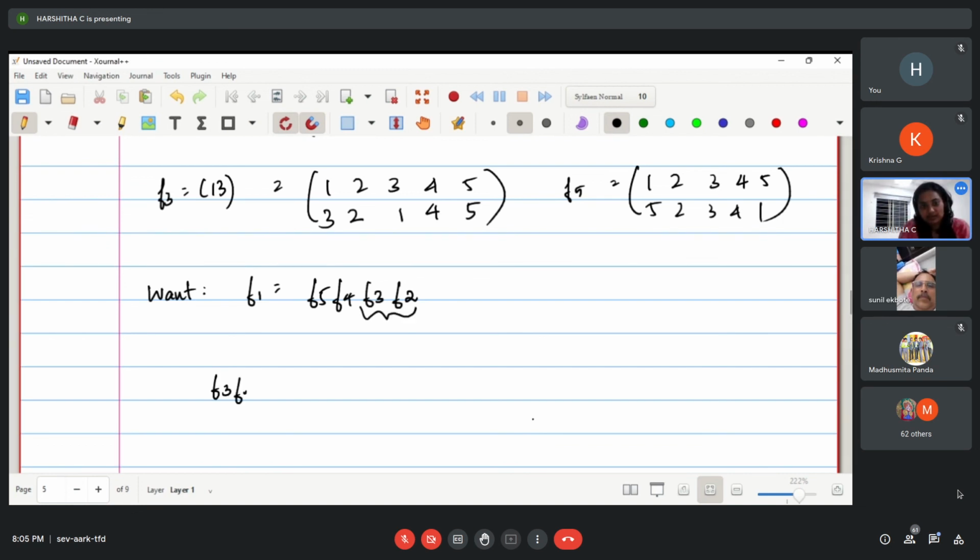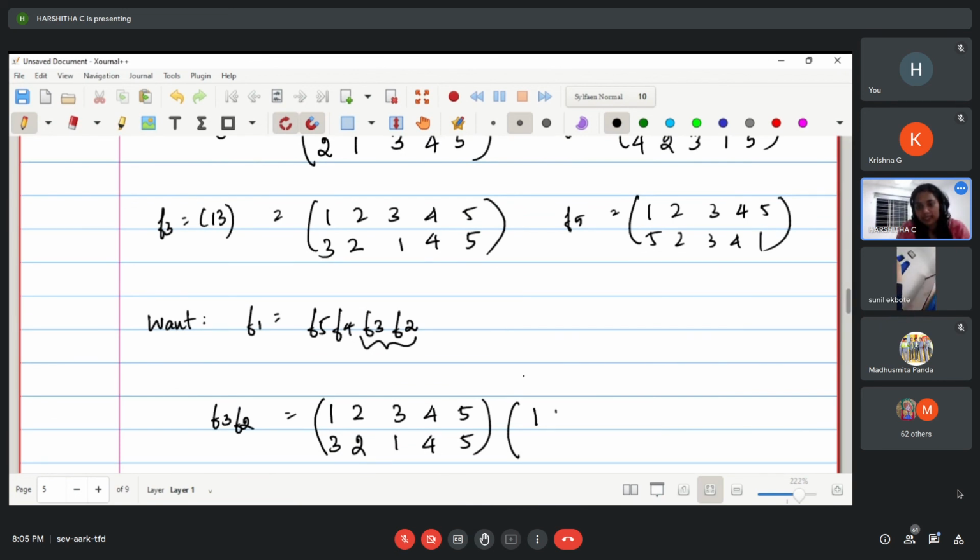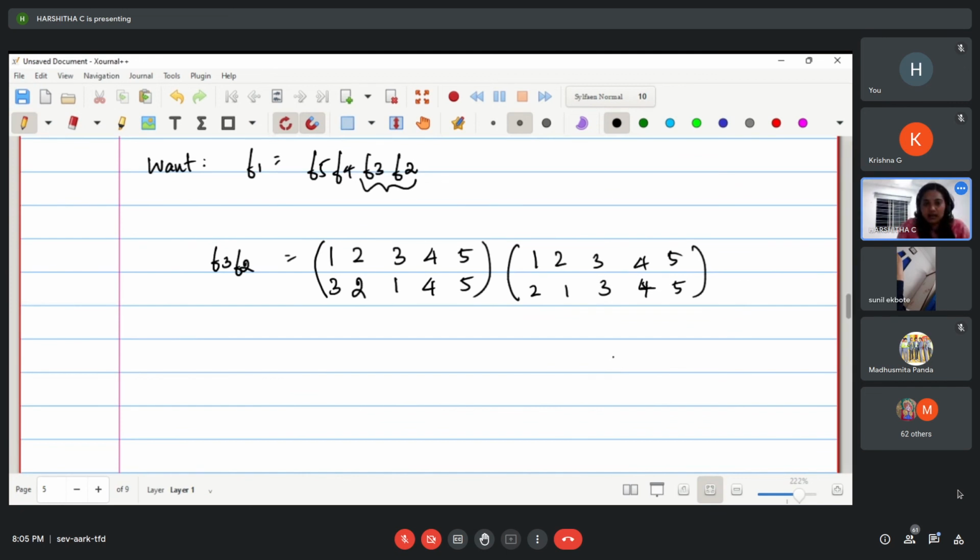So F3, F2. What is this? F3 is 1, 2, 3, 4, 5 going to 3, 2, 1, 4, 5. F2 is, so you can look at what F2 is. So now what is this? When you take the product, as we saw, you first look at the right side.